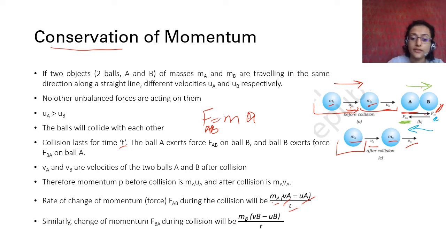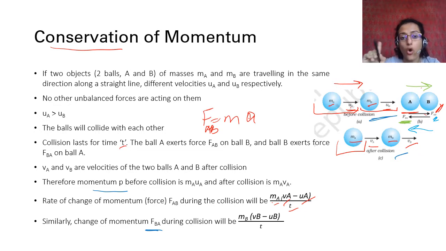We also know that similarly, for the change of momentum of ball B, before collision it is MB into UB, and after collision it is MB into VB. The force applied is the change in momentum, right?